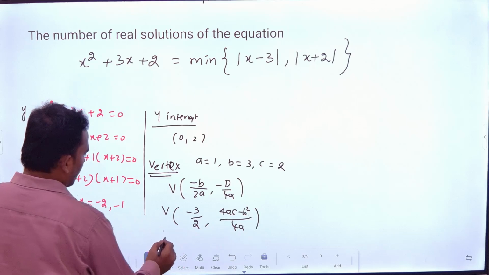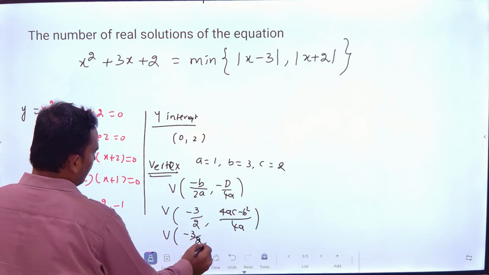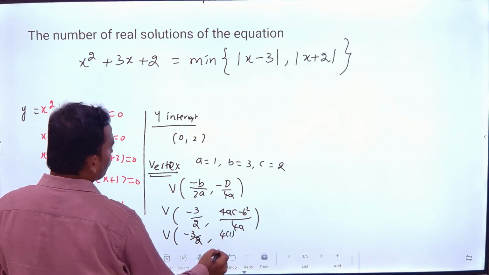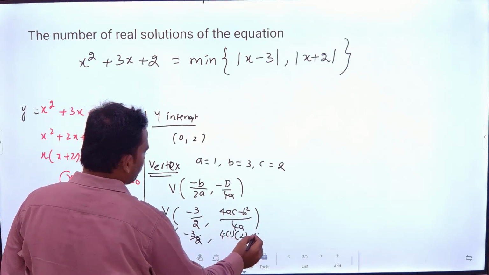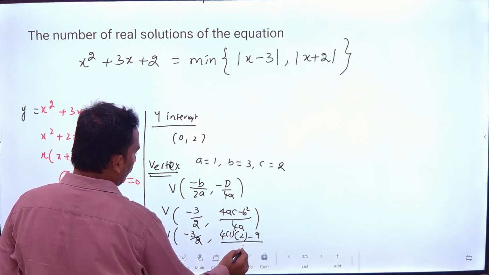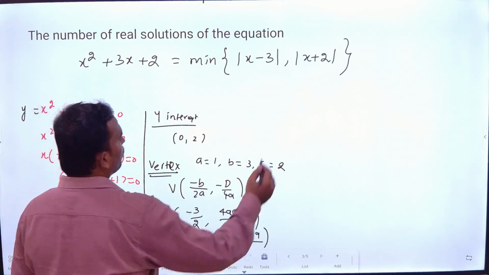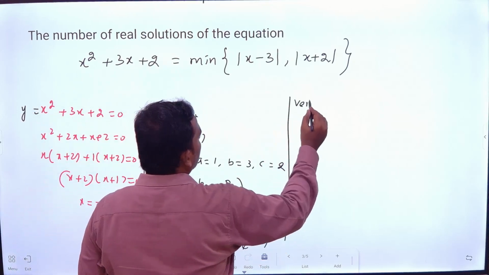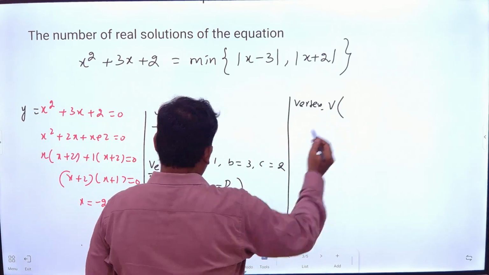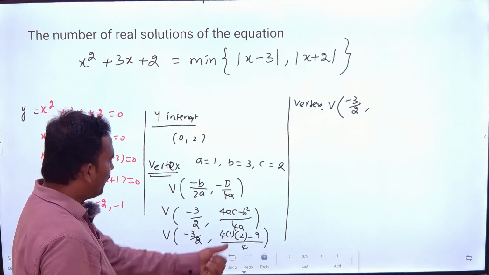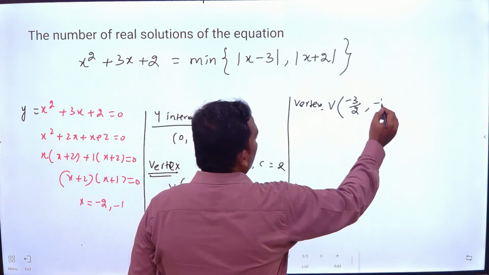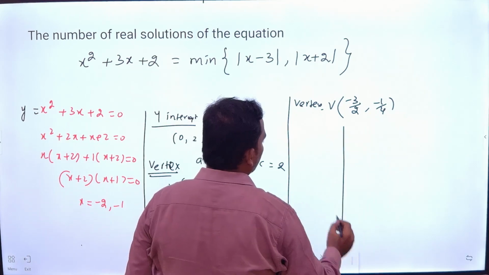So 4 into 1 into 2 is 8, minus b square, 3 square is 9, divided by 4. Therefore the vertex is minus 3 by 2, comma 8 minus 9, that is minus 1 by 4.